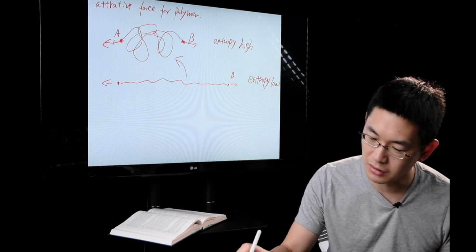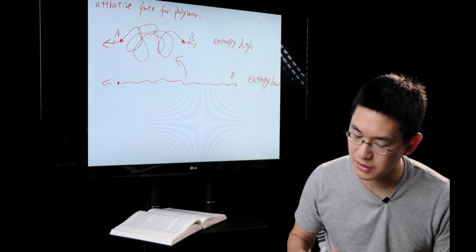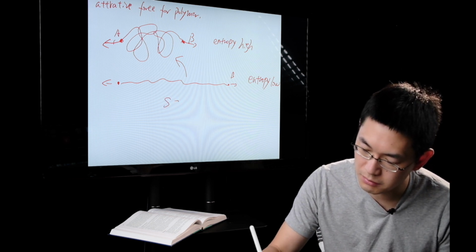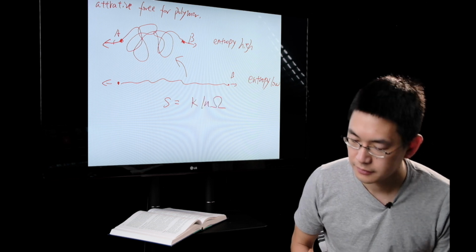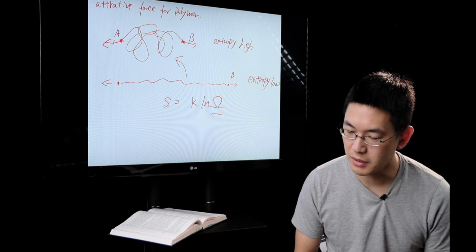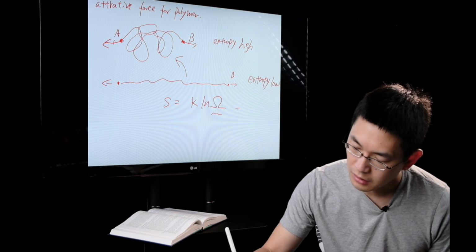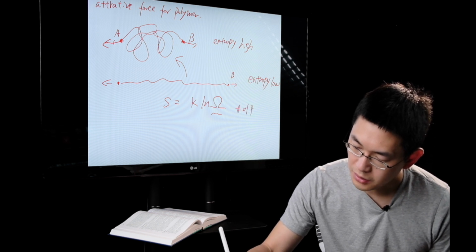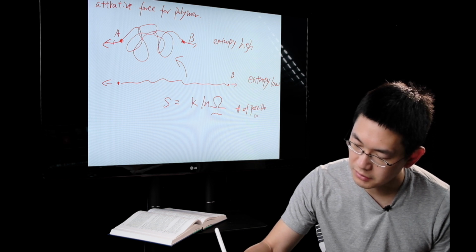So if you look here, quantum mechanics defines your entropy as S equals kB ln omega. This omega is equal to the number of possible configurations.